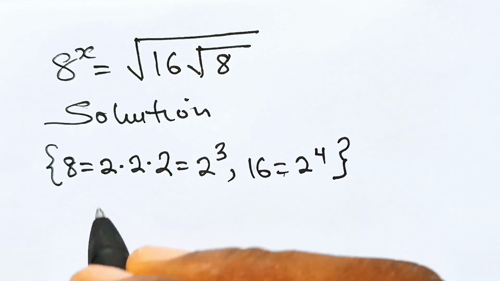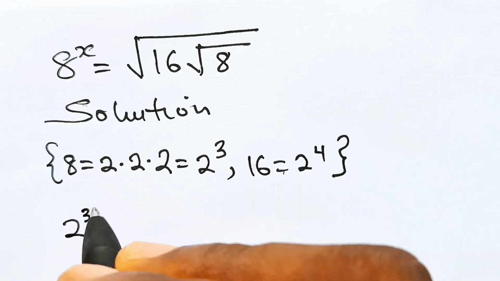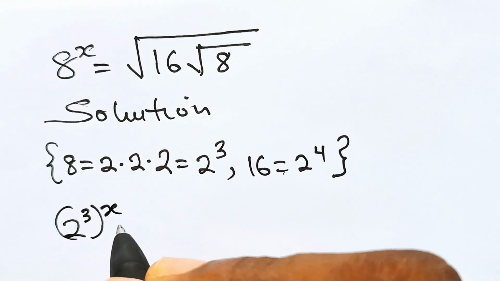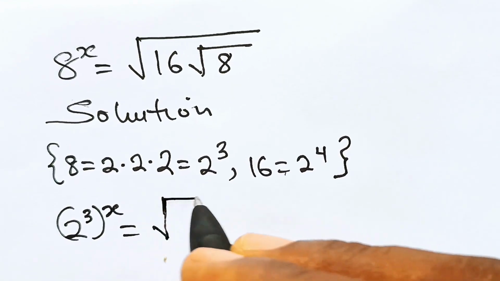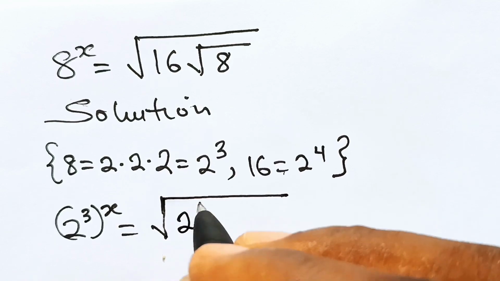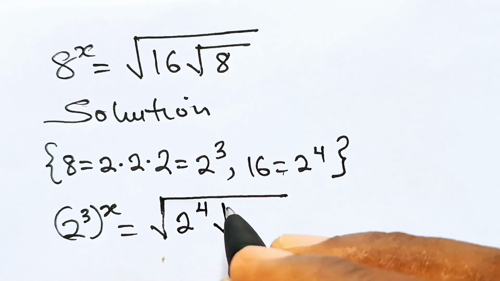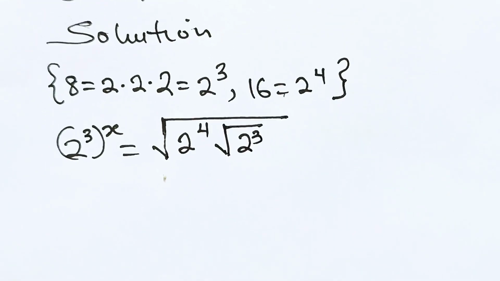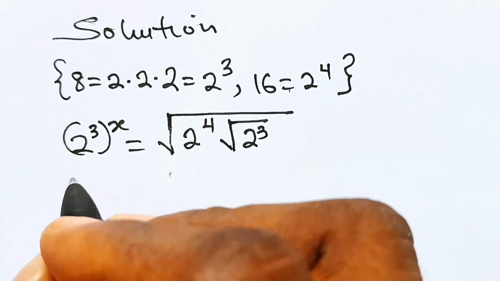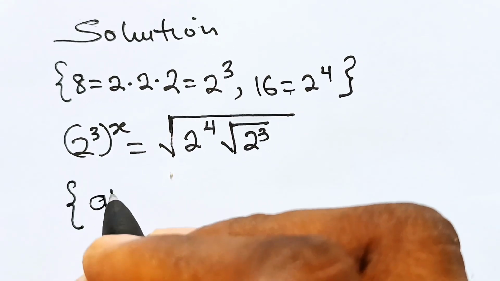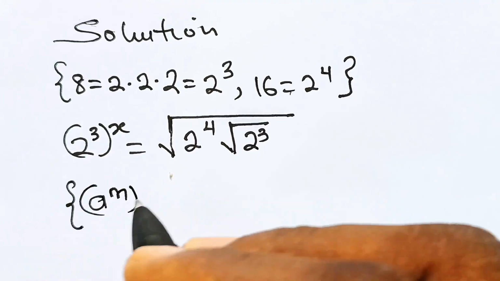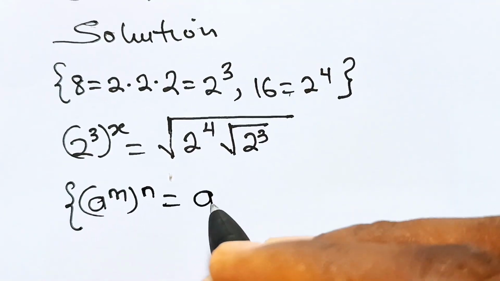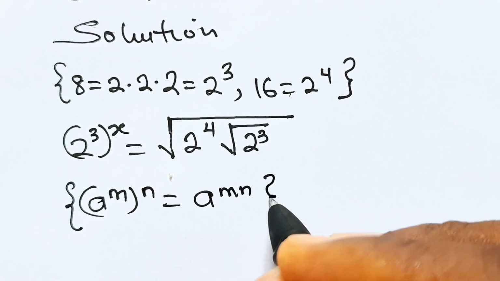All right, now we have 2 to the power of 3 raised to the power of x is equal to the square root of 2 to the power of 4 multiplied by the square root of 2 to the power of 3. All right, now remember that a to the power of m raised to the power of n is equal to a to the power of m times n.